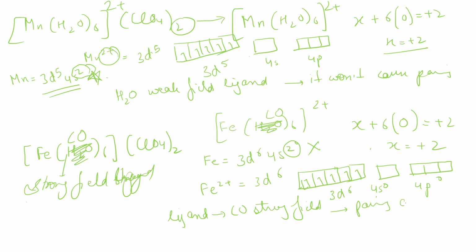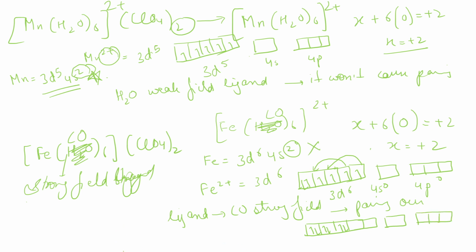How will the pairing occur? The d electrons present over here will be shifted to the other two half filled orbitals. So now the pairing will be like 1, 2, 3, 4, 5, 6, and two orbitals are vacant for the ligands to donate their electrons.